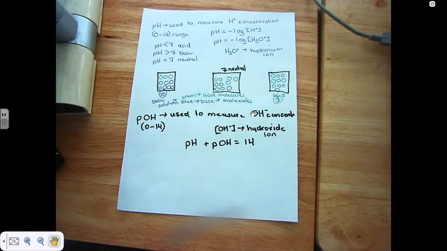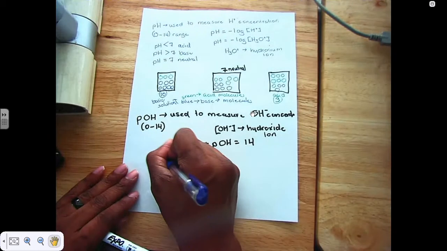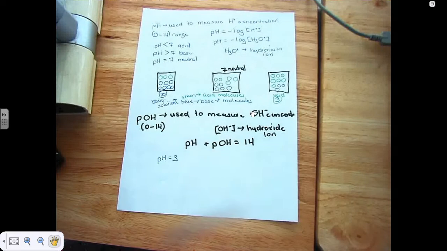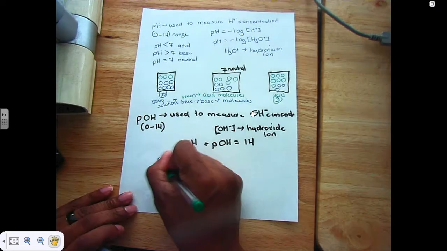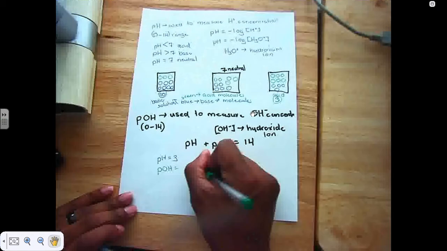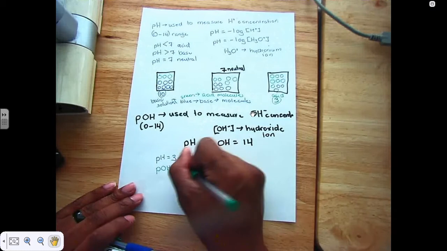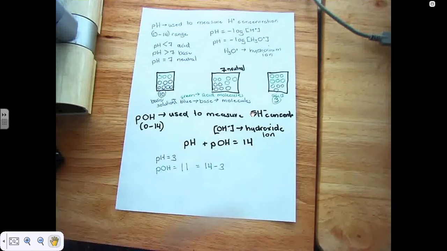So what does that look like? Well, simple. It means that if you know the pH of something is, let's say, the pH is equal to 3, well, conversely, the pOH is going to be whatever the value is of 14 minus 3, which is equal to 11. Now, notice this value.